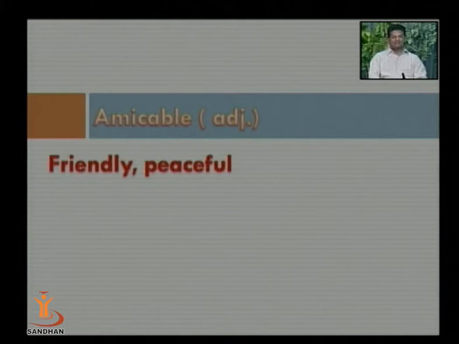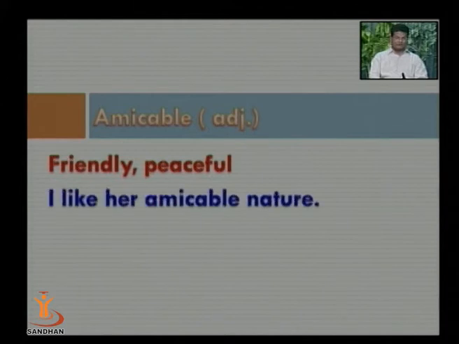So here amicable and amiable are used as formal words. They are not used in day-to-day personal communication. They are used in formal communication only. So here, friendly and peaceful. I like her amicable nature.